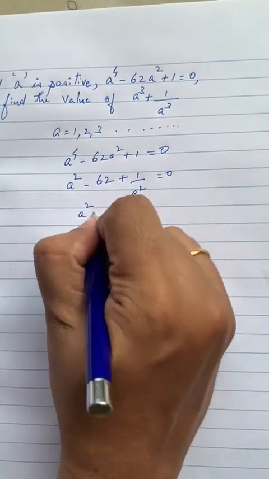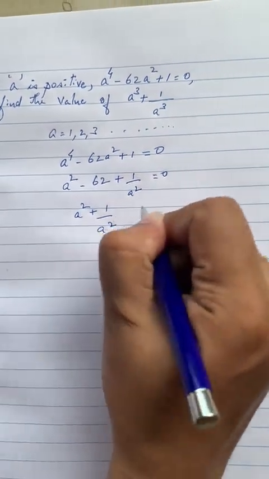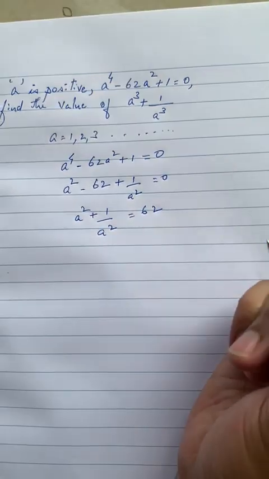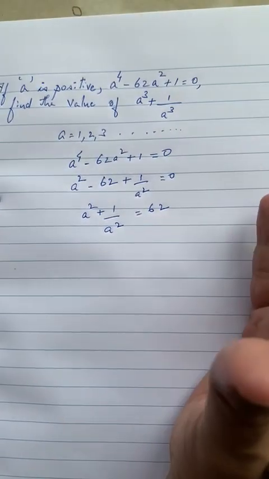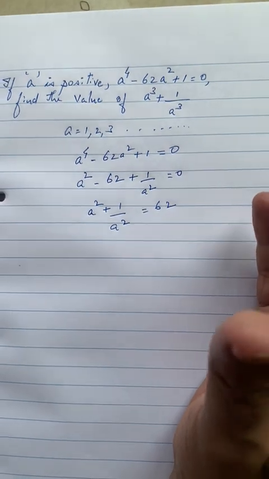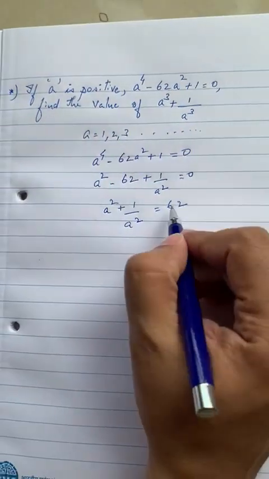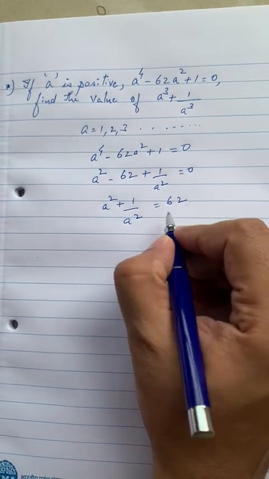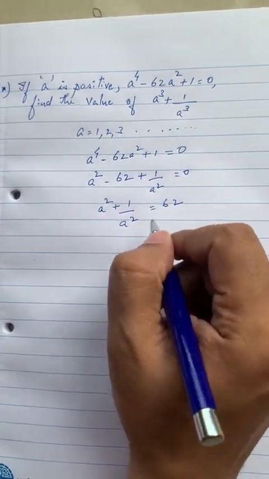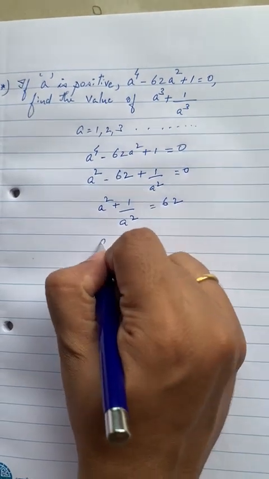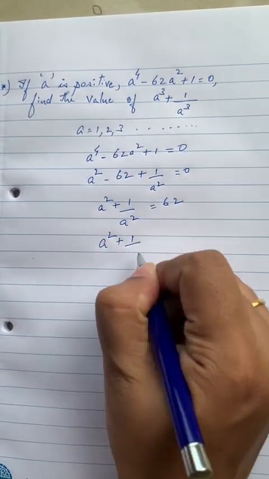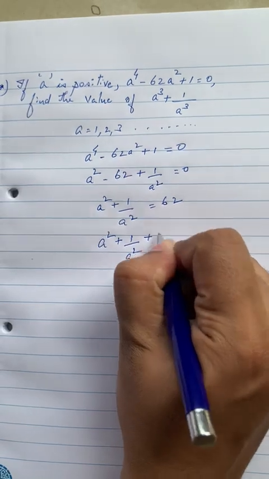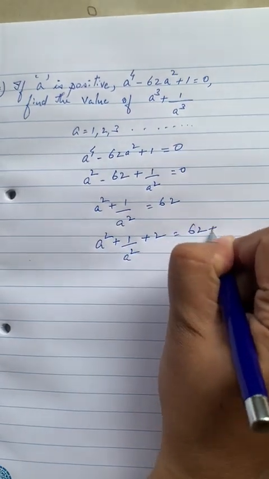Let's retain a square plus 1 by a square here and take 62 to the other side. Look at the identities that you probably know and see how you can simplify this further. 62 is away from 64, which is a perfect square, by 2, so I am going to add 2 on both sides of the equation.